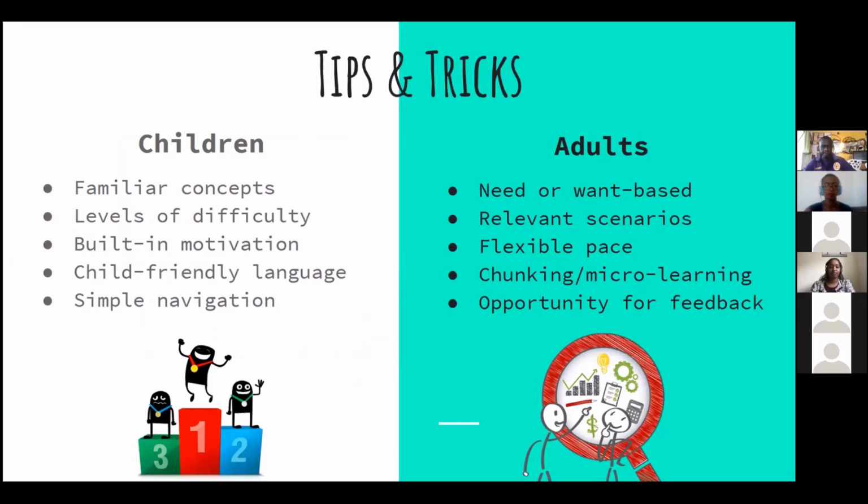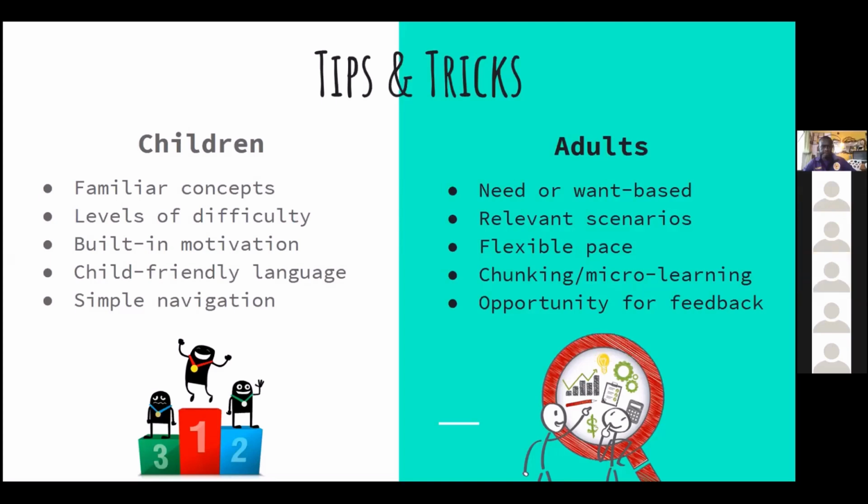So in light of these obvious differences, I wanted to share a few tips and tricks on creating digital content for children and adults. For children, it's best to develop content and learning experiences that are based on familiar concepts.